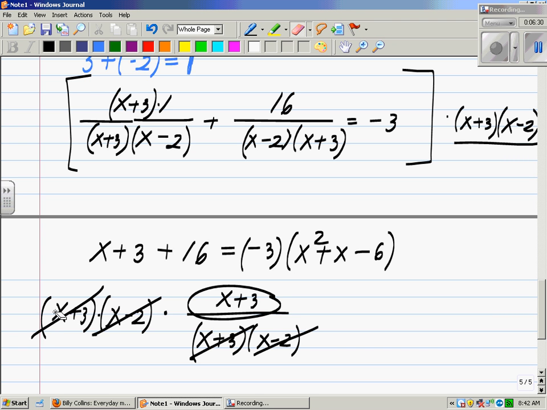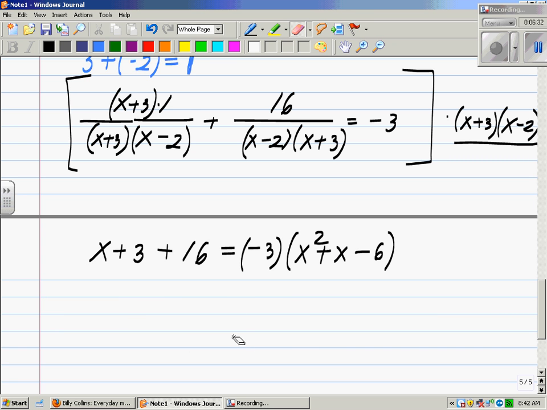Now, one thing we forgot to mention here is our restriction. Your x has to be different than what? Well, I have to make sure that x plus 3 is not 0, right? Which makes me state the first condition, x has to be different than what? For what value of x your x plus 3 will be 0? For negative 3.